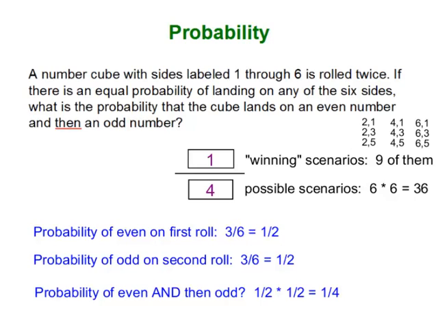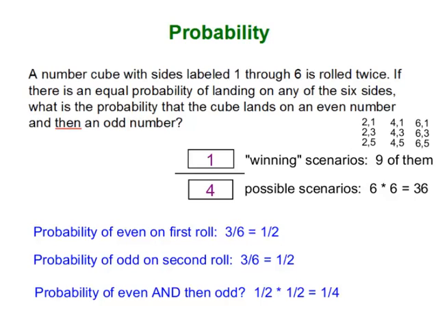So the total number of possible scenarios is there's 6 numbers possible on the first roll, 6 on the second. That's 36 total. And 9 of those scenarios are the ones that win, the ones where you get an even number first and an odd number second. I've written them out here, right? 2, 4, and 6 are your possibilities for the evens, and each of them can be paired with an odd number possibility for the second roll.